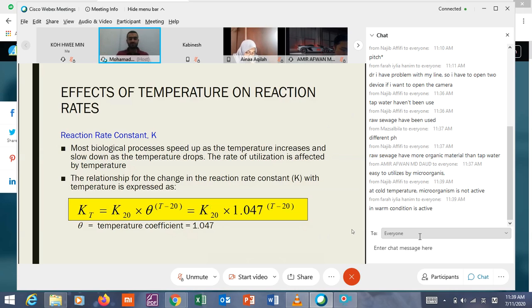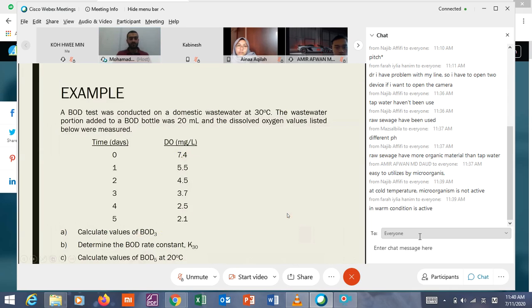This equation will adjust the K value according to the temperature: KT at any temperature, maybe 30 or 15 or 18, equals K20 times 1.47 to the power T minus 1. So don't forget to adjust the K if needed according to the temperature used.